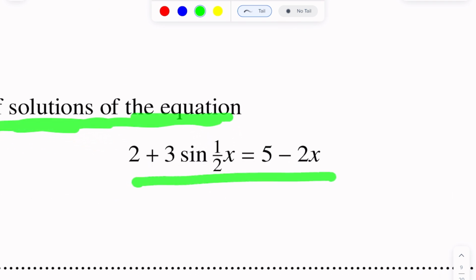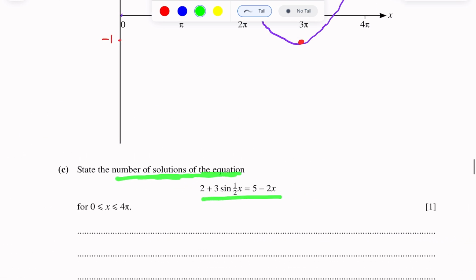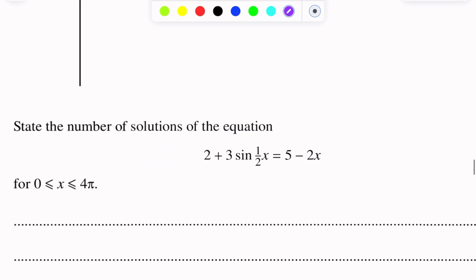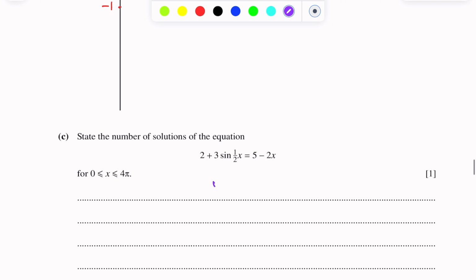So first we draw the line. Clearly 2 plus 3 sine 1 over 2x is equal to y, so we can write y is equal to 5 minus 2x, or y is equal to minus 2x plus 5.